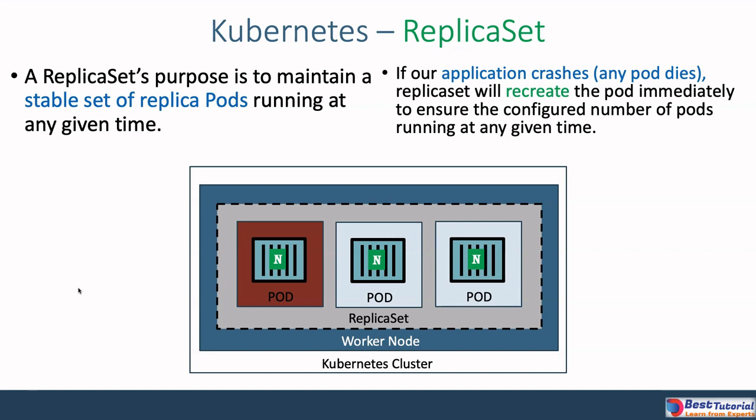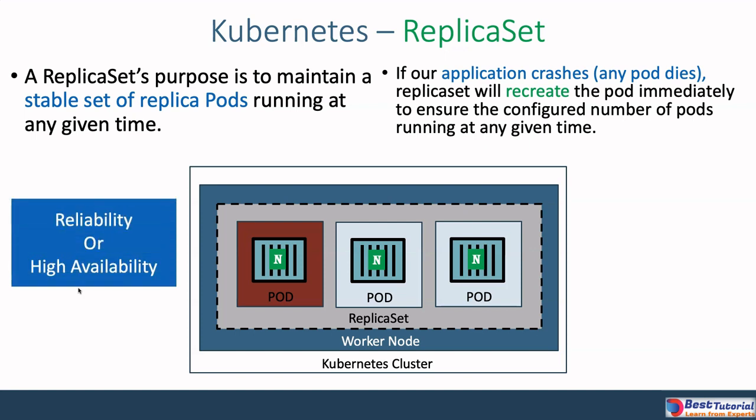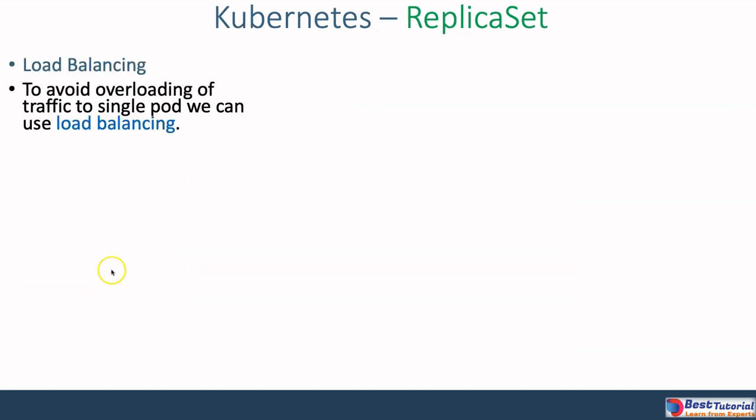We configure the number of replicas in our replica set. If we say it always needs to have 2 replicas, then the replica set will ensure that it is running with 2 pods at any point of time. In this way, reliability and high availability for applications are achieved. The next thing is load balancing.